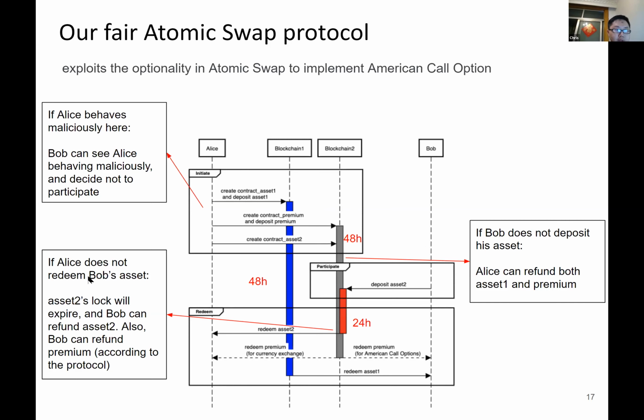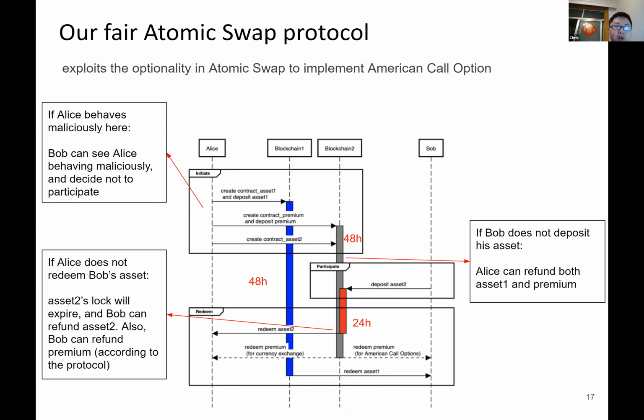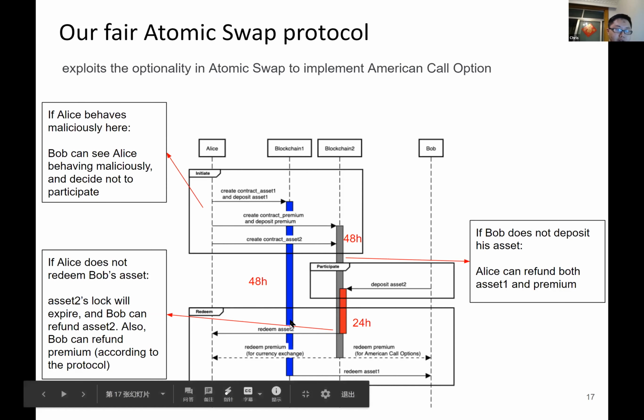But if Alex does not redeem Bob's asset, like the previous case we described, once the price fluctuates, Alex may not want to move on with the protocol. So if Alex does not redeem Bob's asset, asset 2's time lock will expire, and Bob can just refund asset 2. Also, Bob can refund the premiums according to the protocol.